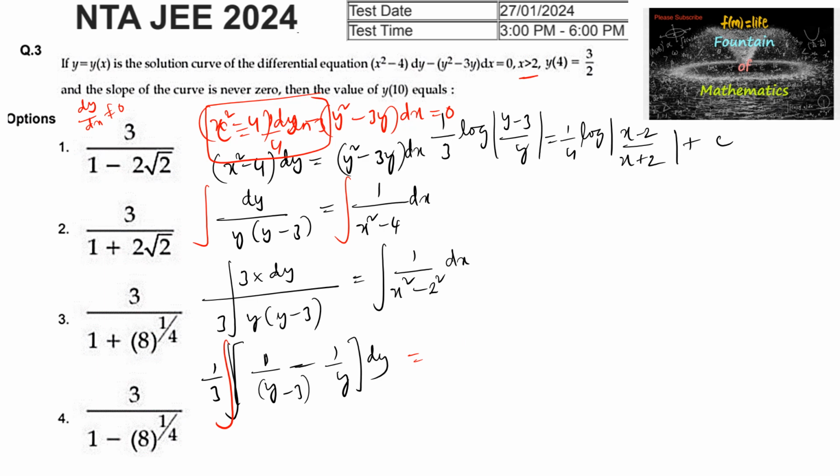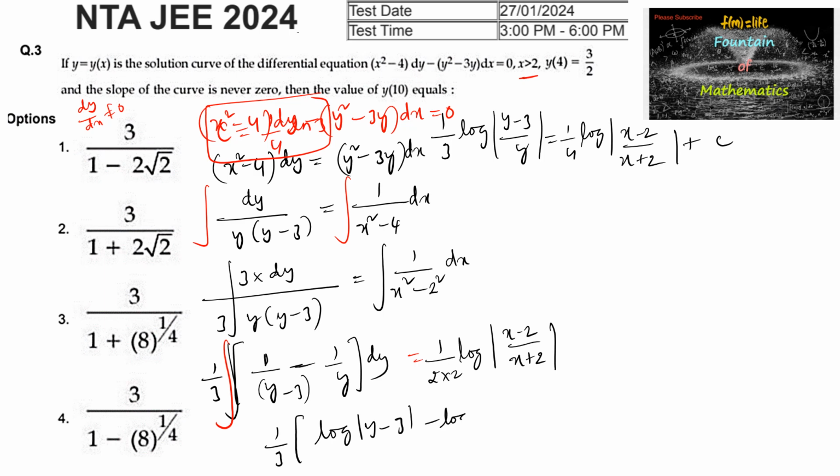We have the integration 1/(2a) log|(x − a)/(x + a)|. So we get 1/3 (log|y − 3| − log|y|) = 1/4 log|(x − 2)/(x + 2)| + integral constant c.